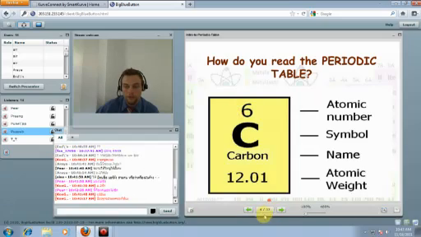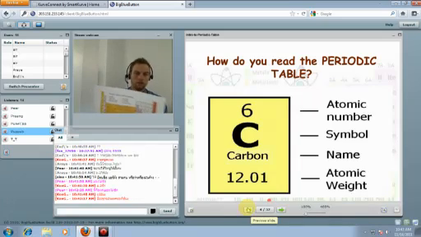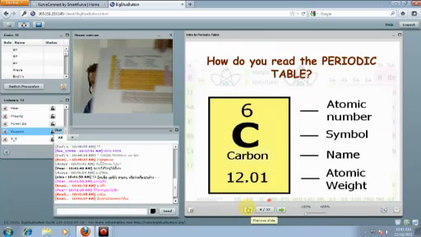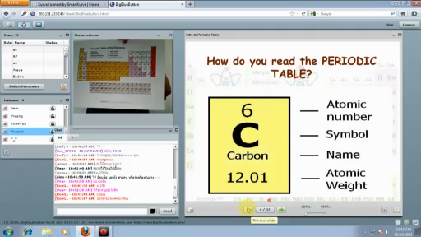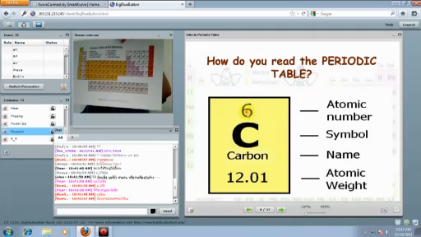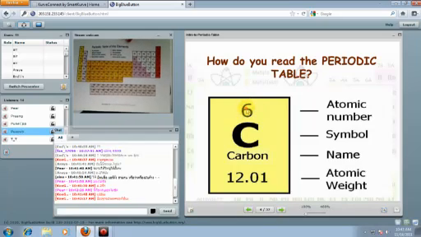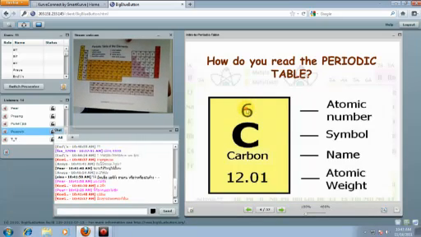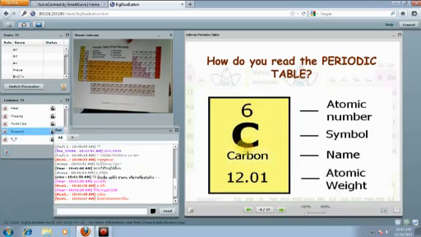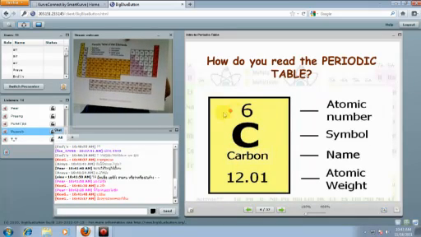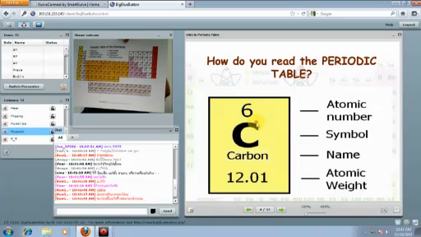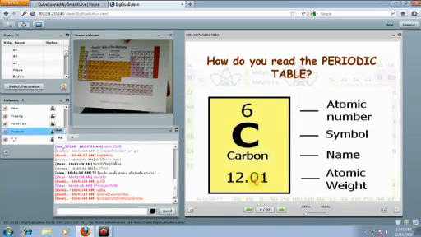How do you read the periodic table? So I have a better picture actually of the periodic table. Each square on the periodic table has this number, which is called the atomic number, the symbol, the name, in this case carbon, and this is the atomic weight.